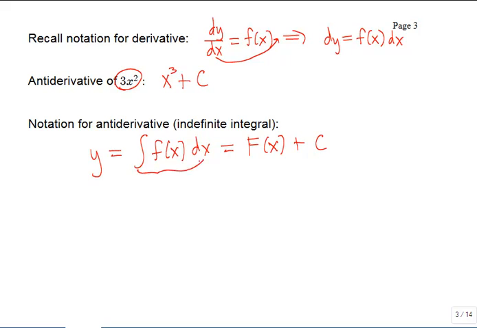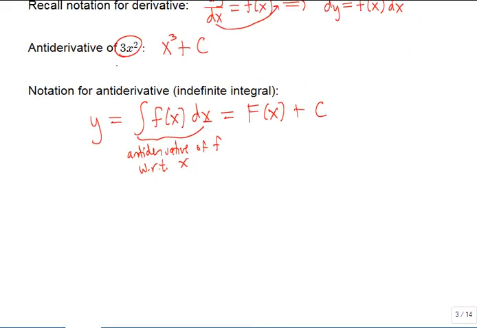So this means, in words, the antiderivative of f with respect to x. That's what this is telling me, just what variable to use. So if I show you with a specific example, this is what it would look like. You see this symbol.